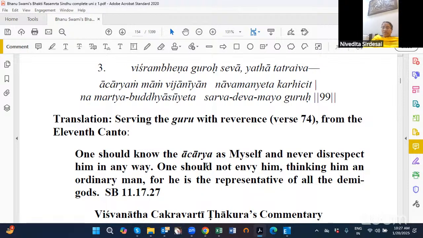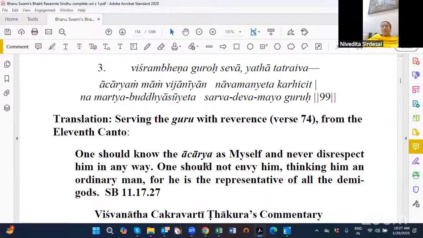Every day we should chant this verse. Acharyam mam vijaniyam navamanyeta karhichit, na martya buddhya suyeta sarvadevo mayo guruh. Don't consider the spiritual master, the Diksha Guru, to be an ordinary human being.